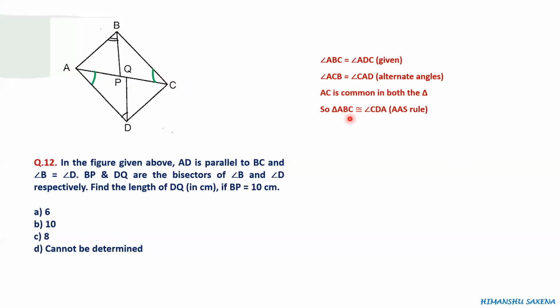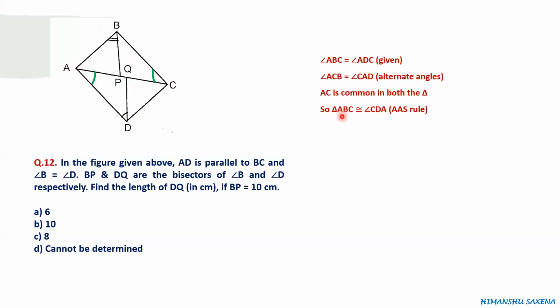Again, the order in which these vertices are written is very important. So these are two congruent triangles. Why have we written it in this manner? Because in this ABC, this angle is equal to this CDA angle. So that is why this middle angle is equal to each other.